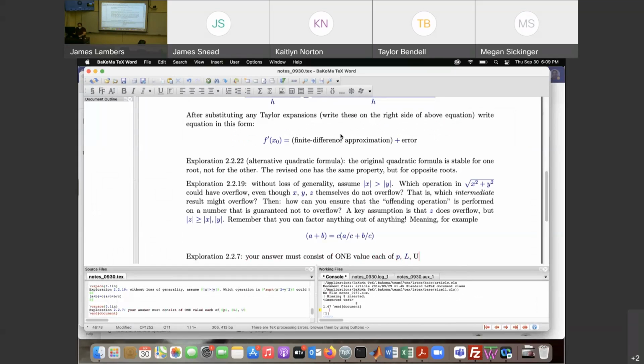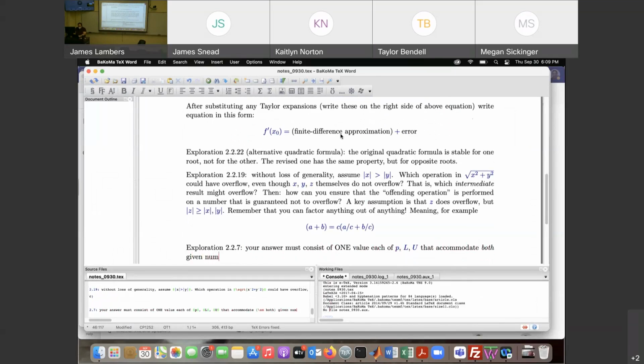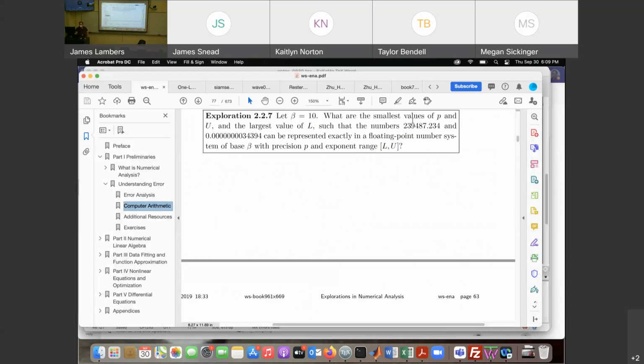So precision and the lower and upper bounds on exponents that will accommodate both given numbers. So you want to have enough precision to handle whatever digits are in these two numbers, and then a range of exponents that both these numbers will fit within.